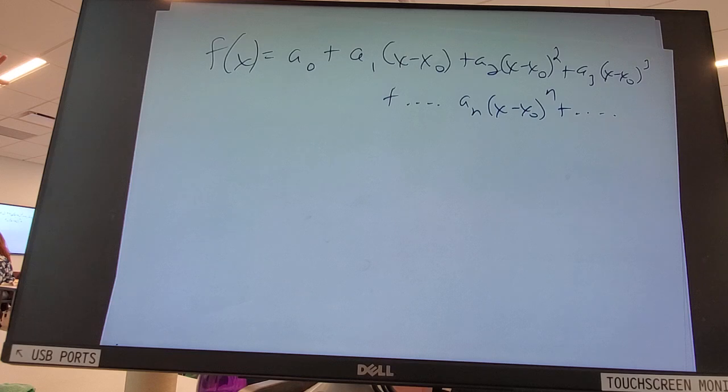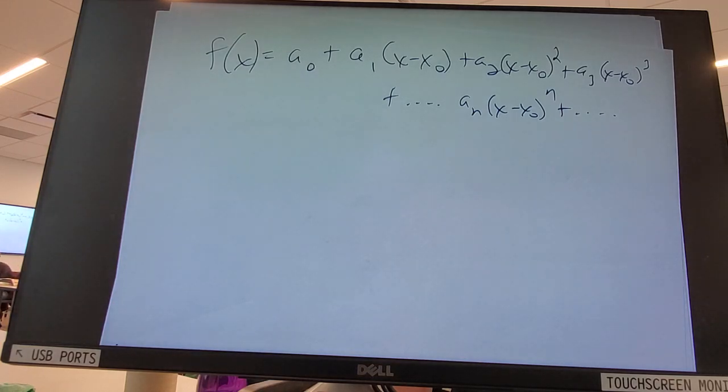How do you kill every term except a naught? Let x equal what? If you let x equal 0, I get a1 times negative x naught plus a2 times negative x naught. No. How do I make this 0? If I make this 0, isn't it 0 everywhere? What would I let x equal so that this is 0? X naught. So I just plug x naught in.